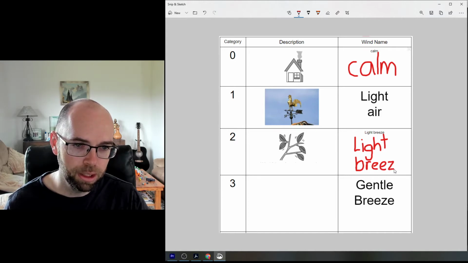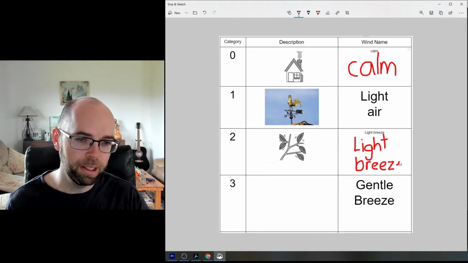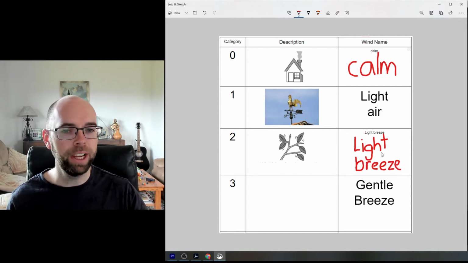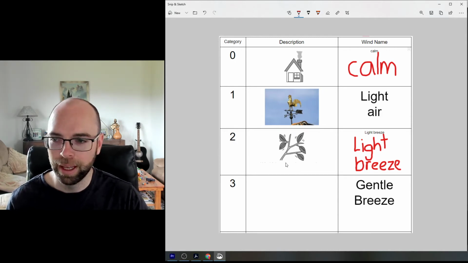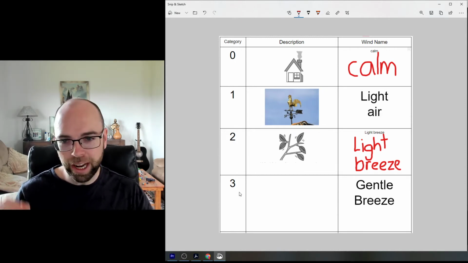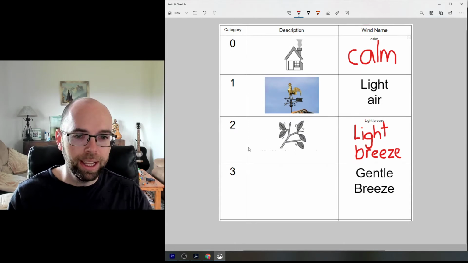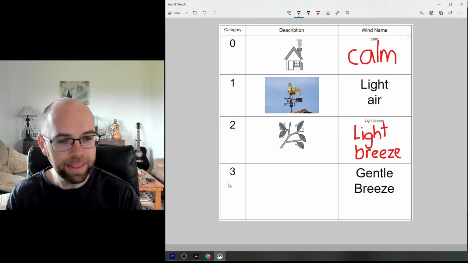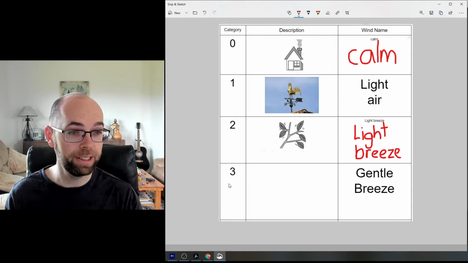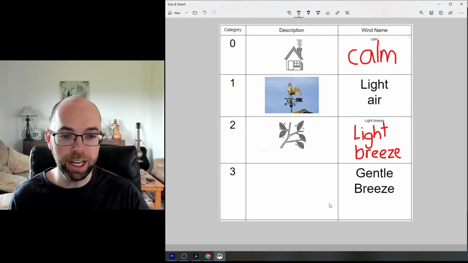Just the leaves in the trees would wobble a tiny bit. So category 2 is still very, very gentle. Okay? Now, if we go to a category 3, it gets a little bit more. Okay? And this is actually called a gentle breeze. So a category 3 is a gentle breeze.